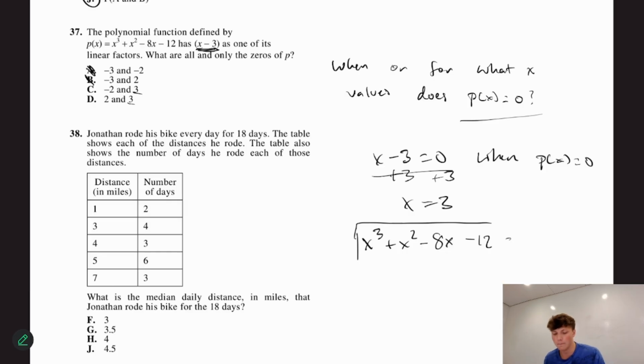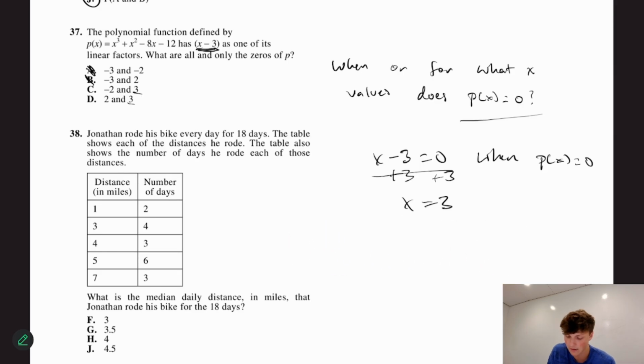But if we were to take out a factor of x minus 3 via long division, we'd be left with a quadratic, and we can solve quadratics with the quadratic formula. When you set it equal to 0 and solve it, that'll give you the other zeros.